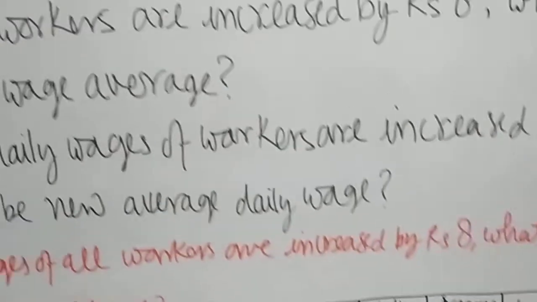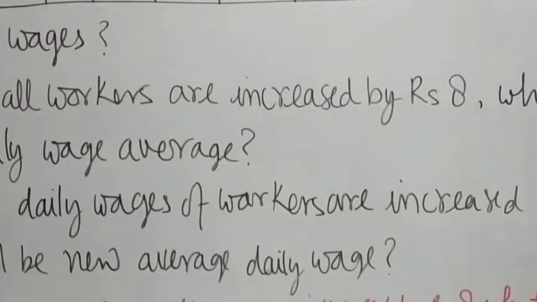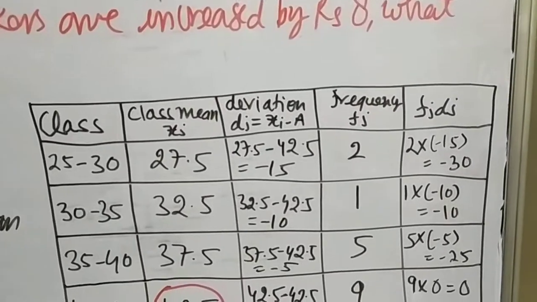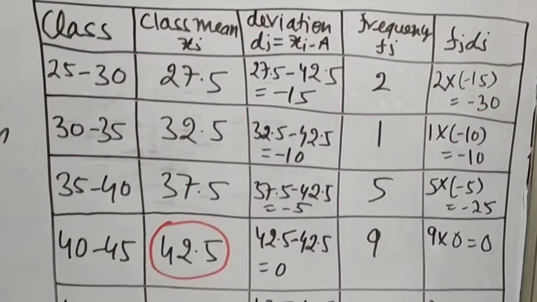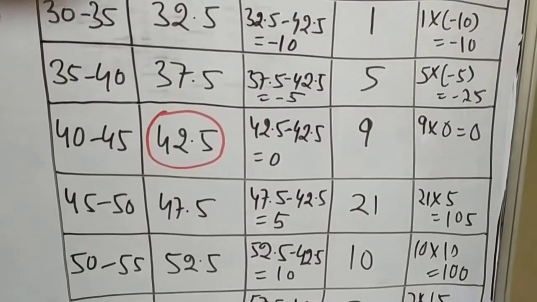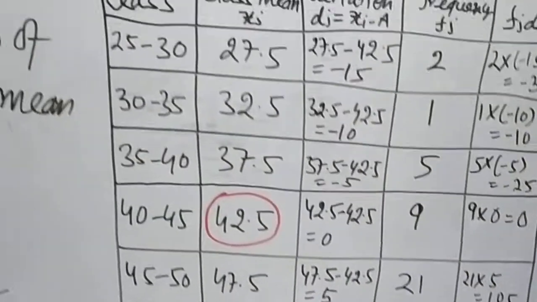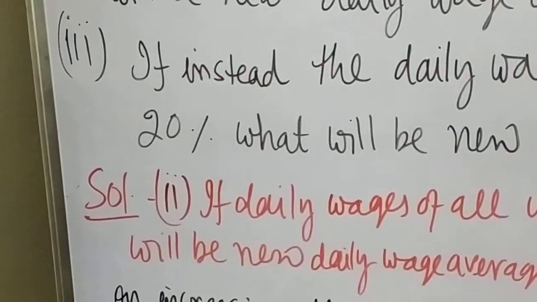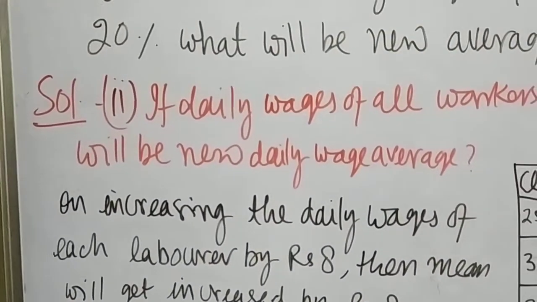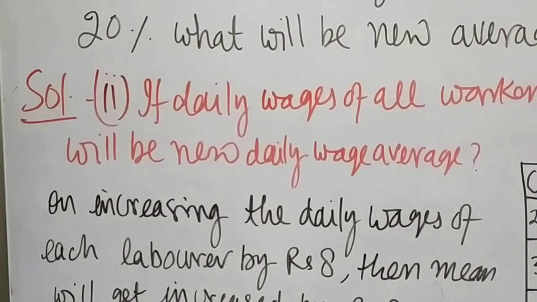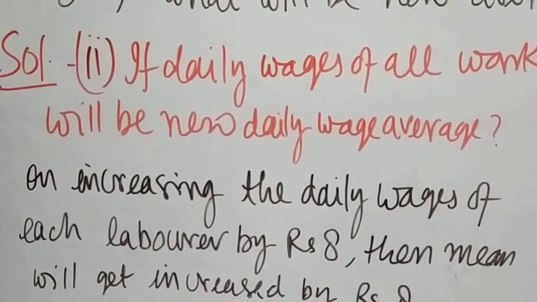Everything remains the same. The table given in the question is the same. The table which you have drawn from that given table. Same sigma Fi, sigma FiDi. So I think you have understood the problem.